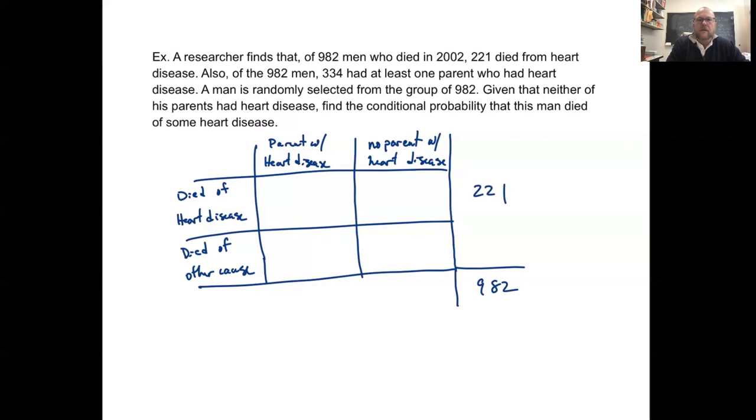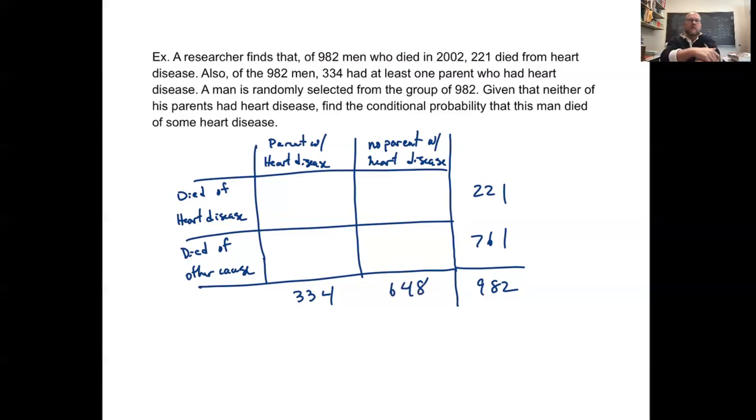And 334 had at least one parent who had heart disease. We can go ahead and fill in some other parts here by subtracting. So 982 minus 221, 761 goes here. 982 minus 334, we've got 648 that goes here.